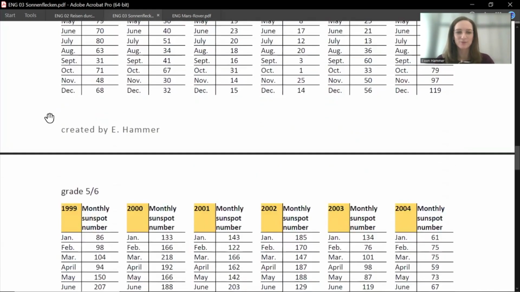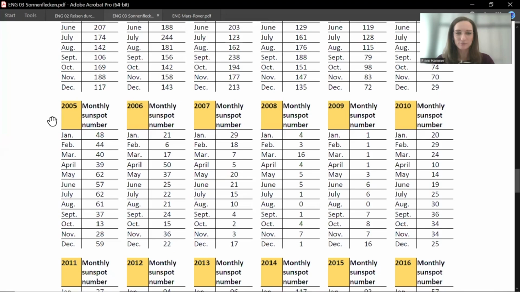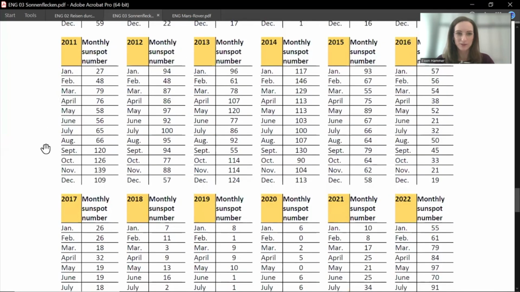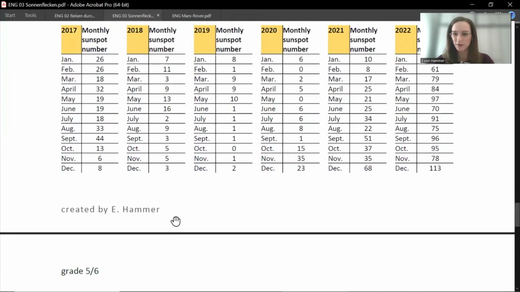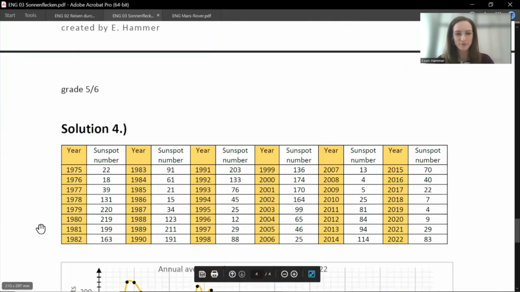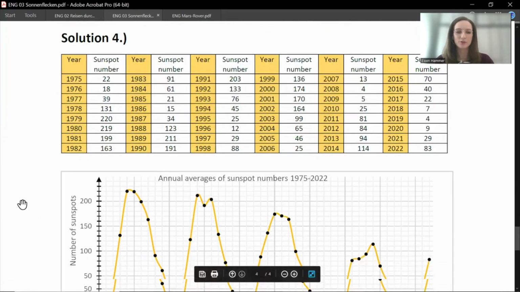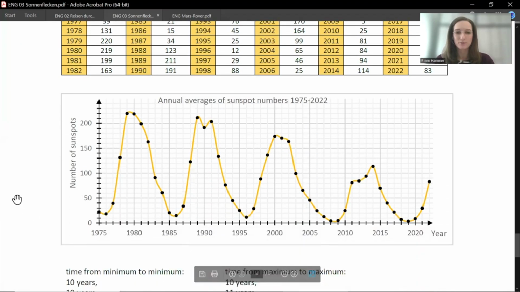So each pupil can calculate with like 1 year. It doesn't have to do like 50 years by himself. And I'll show you the solution. When they calculated the mean average for the year, the arithmetic mean, they will get this nice diagram.